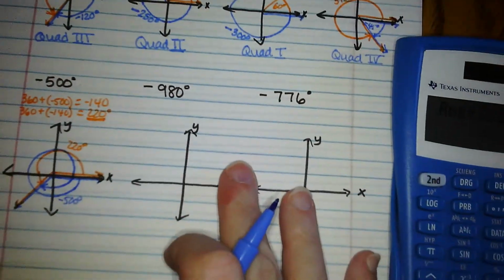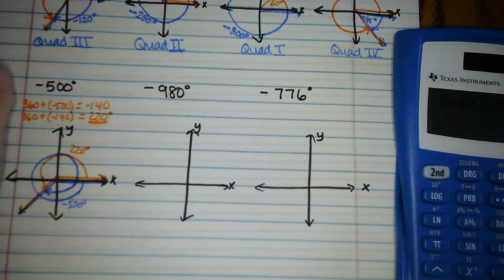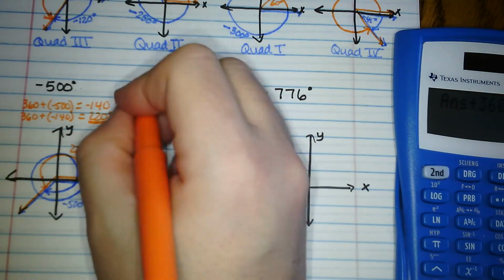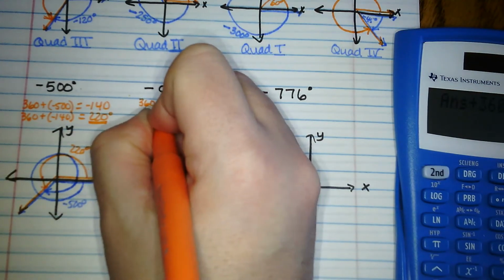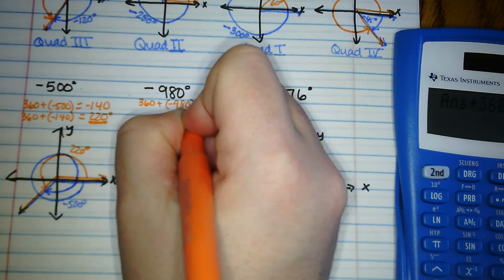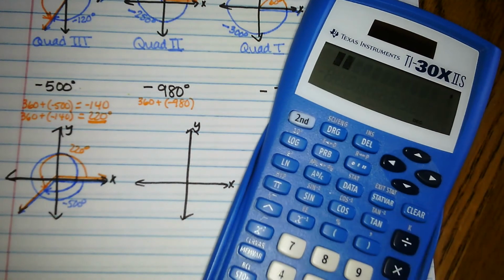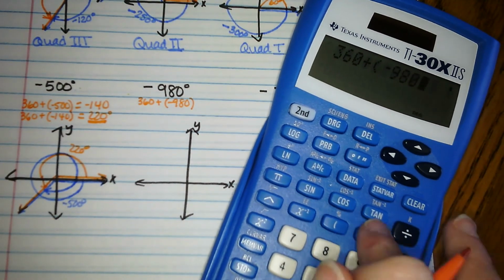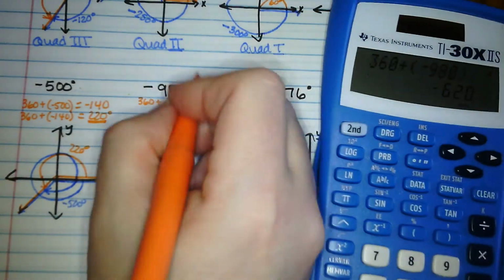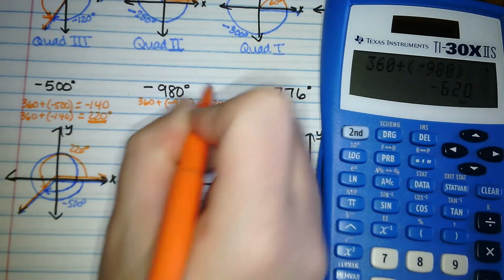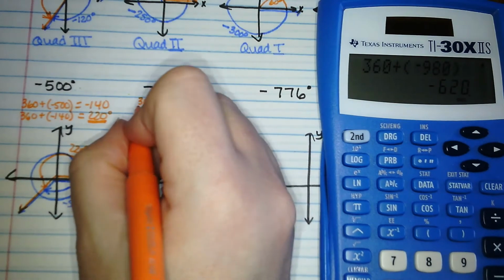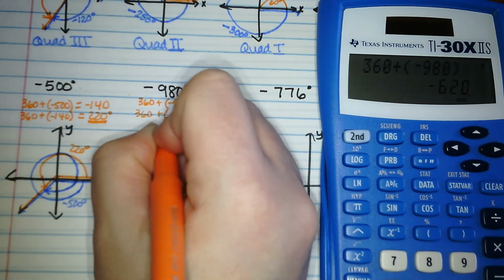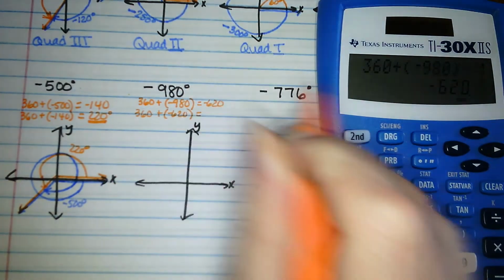For negative 980, I've got to take my groups of 360. I'm going to add 360 to negative 980. That's a negative 620. So that's one full rotation, still not done. I'm going to take my 360 plus my negative 620.